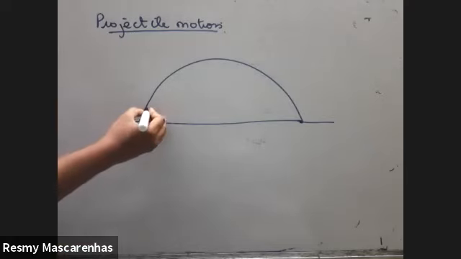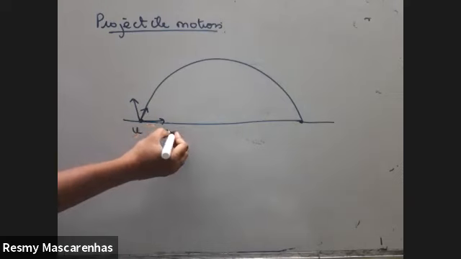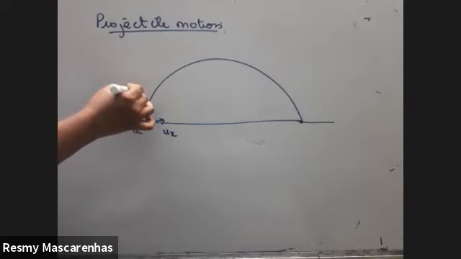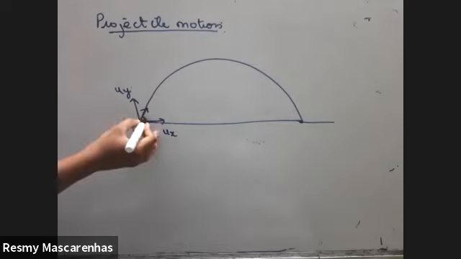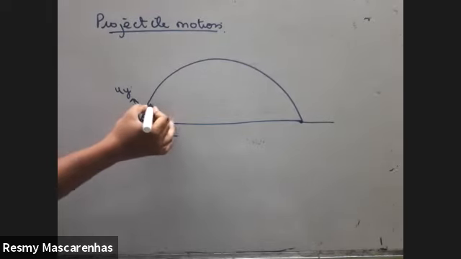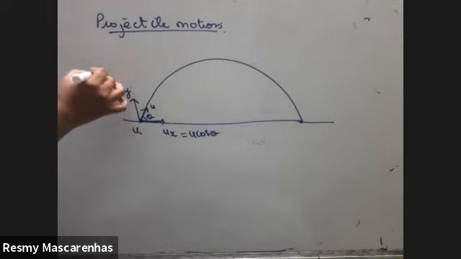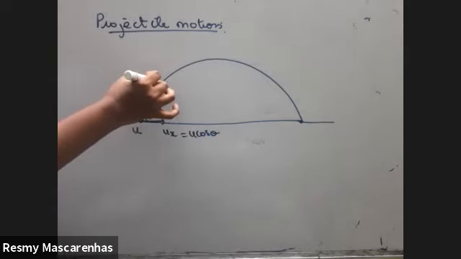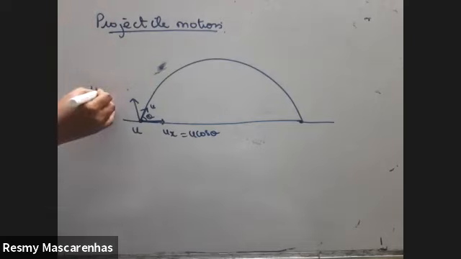If you're starting like this, it will always have a horizontal component, that is your ux, and a vertical component, that is your uy. And this is your theta. If you are throwing it at angle theta, this will always be your u cos theta, and this will always be u sin theta. This is u.